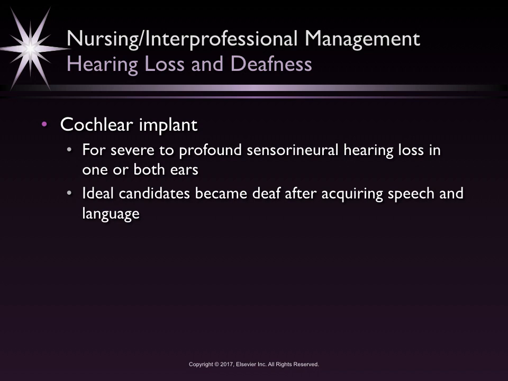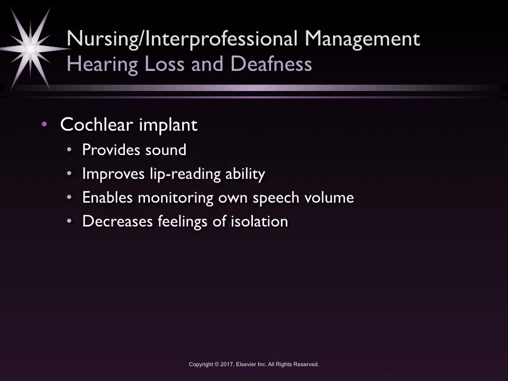It requires extensive training and rehab with speech pathologists to receive the maximum benefit from these implants. The cochlear implant provides sound. It improves lip reading ability. It enables monitoring of their own speech volume, and it decreases feelings of isolation.